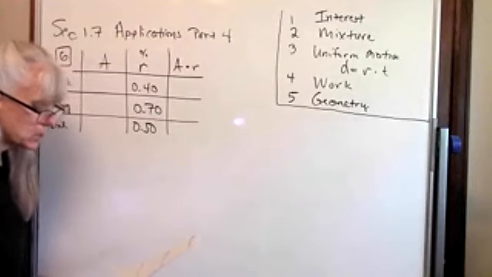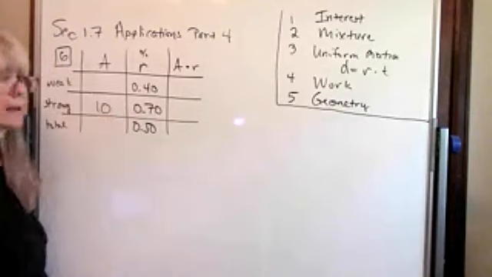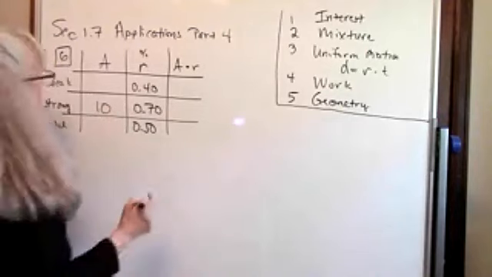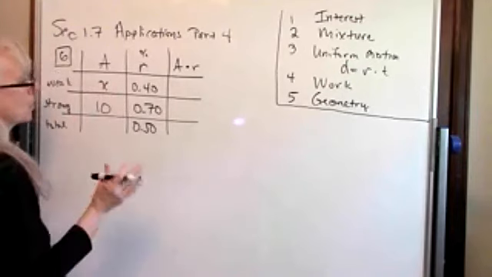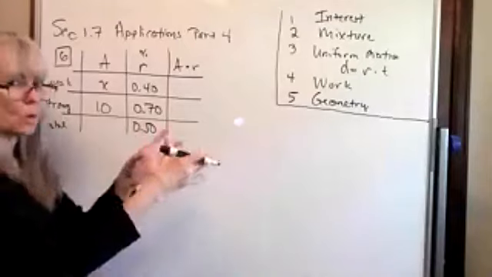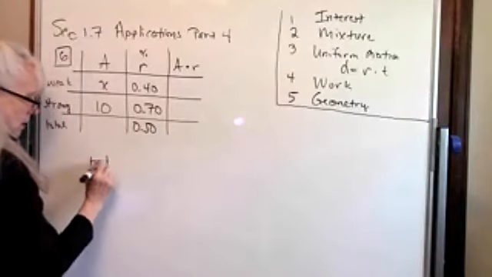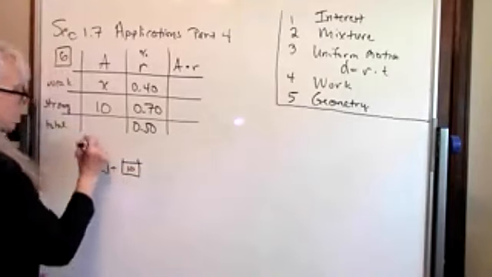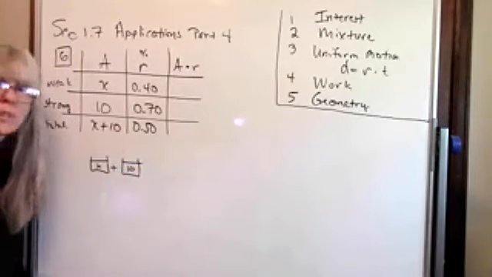The other piece of information they give us is that we have 10 liters of that 70%, so this is 10. That's all they give us. What they didn't tell us and what we're looking for is how much of the weak solution we need, so that's going to be our X. This time, what we're going to recognize is that if you have X in one beaker and you have 10 liters in the other beaker, and we're adding them together, my total down here is going to be X plus 10, and hopefully that makes sense.